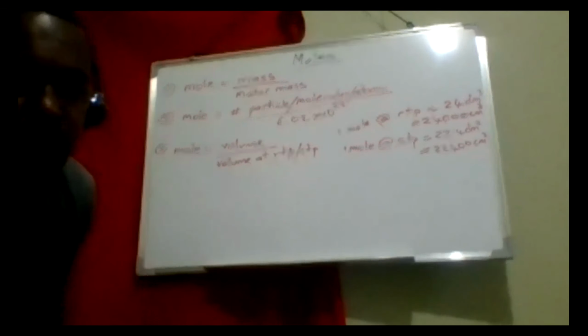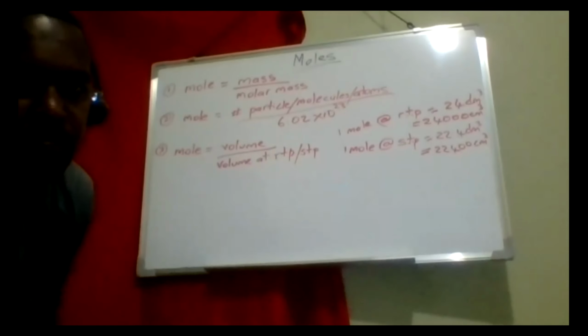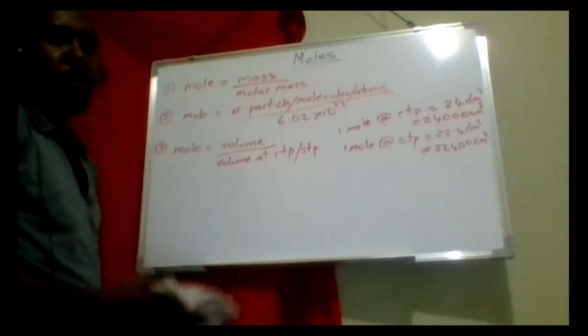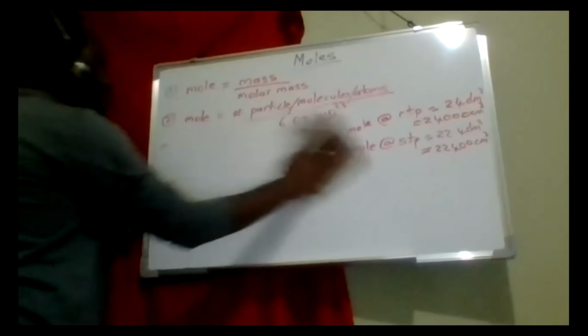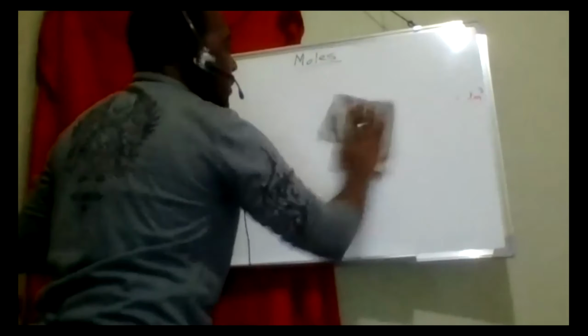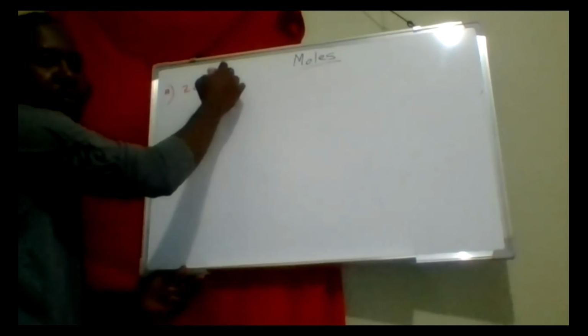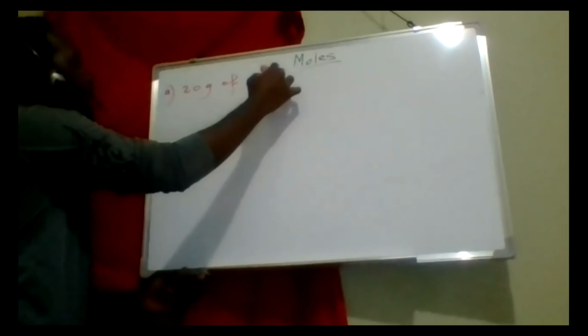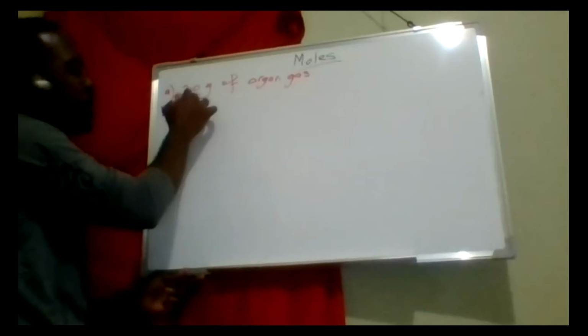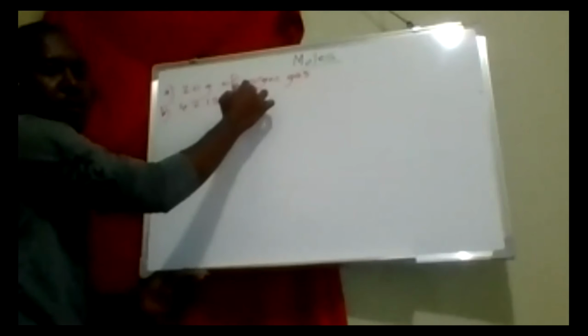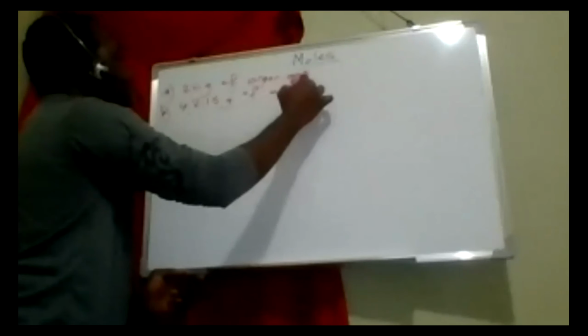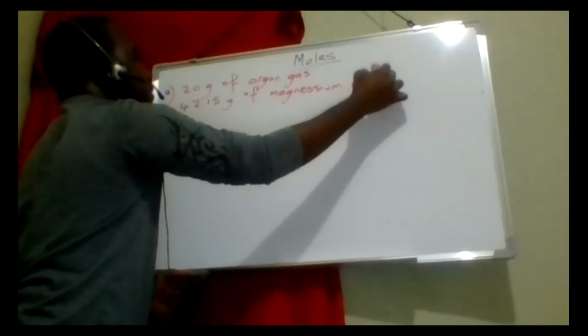All right, let's go. We're going to look at a question that says, calculate the number of moles in A, 20 grams of argon gas, B, 42.15 grams of magnesium carbonate.